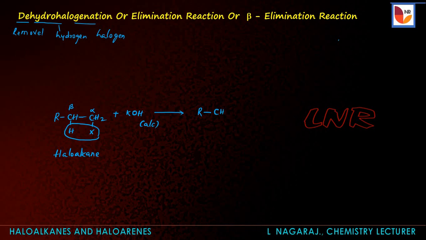This bond is shifted towards the carbon and halogen is eliminated. The byproducts are potassium combining with the halogen to give KX, plus hydrogen combining with the OH to give H2O.